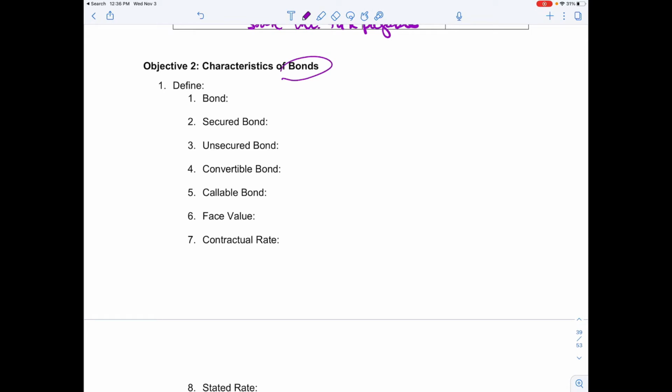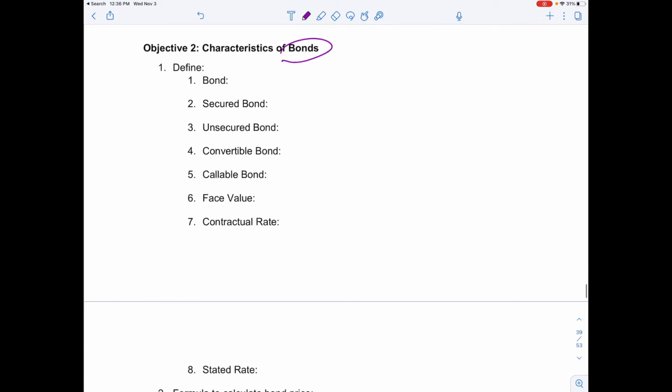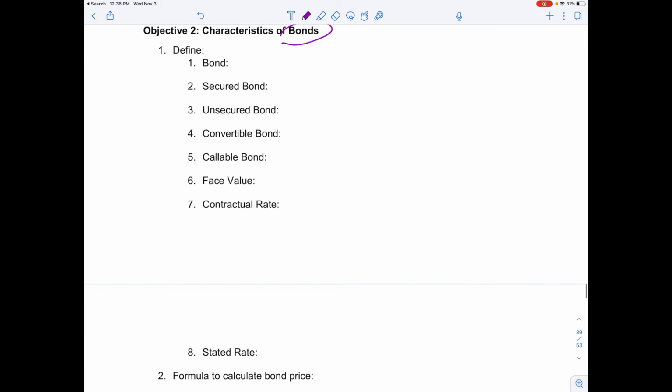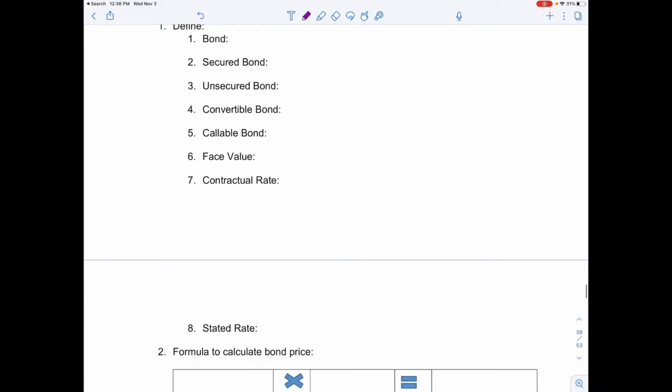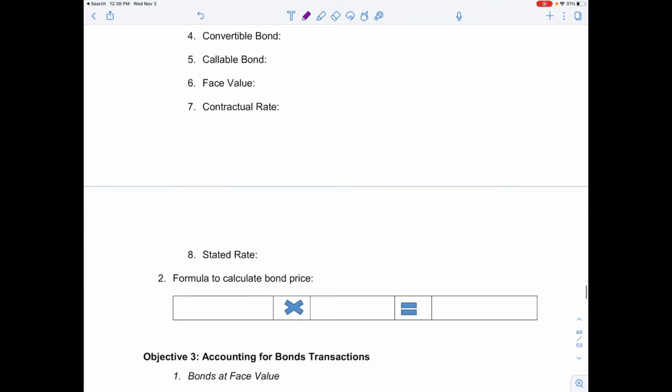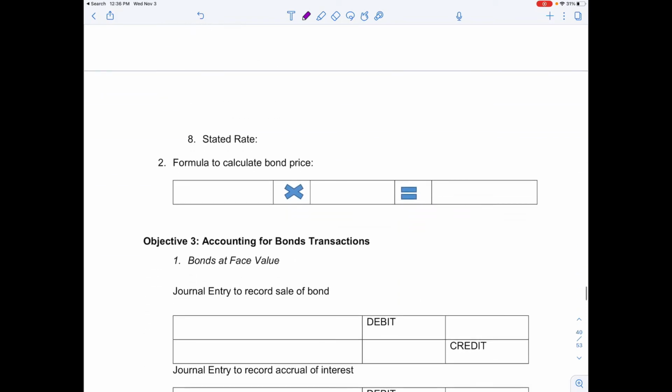Bonds are sold on the open market. You can go ahead and buy a bond if you have an extra $100,000 of cash laying around somewhere. And the benefit of the bonds is that you're going to get interest and all that money back if you invest in a bond. So understand bonds, what they are, the types of bonds, and some of the definitions that go along with that.